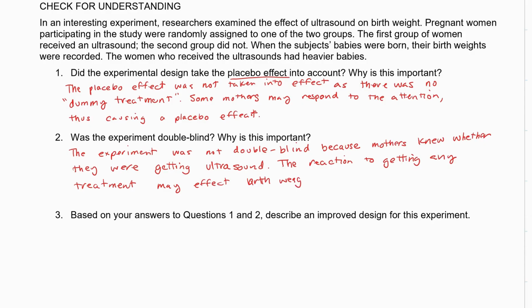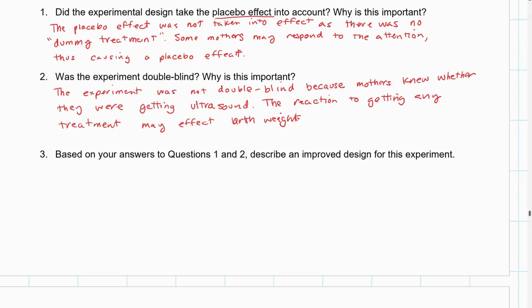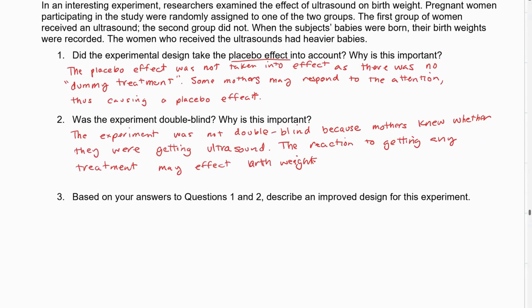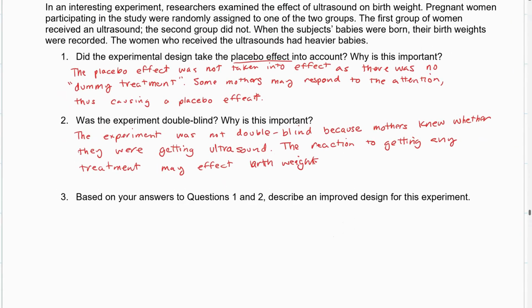So we don't know whether the ultrasound is doing it or just any attention that we might be giving. So based on the answers to one and two, can you describe an improved experiment? And I think they mean, can you incorporate both a placebo and double blind?